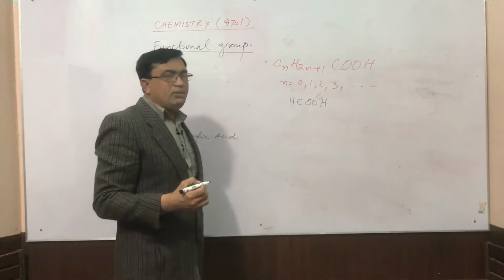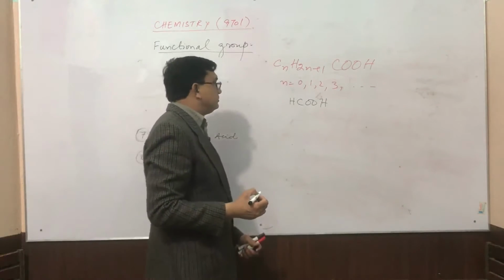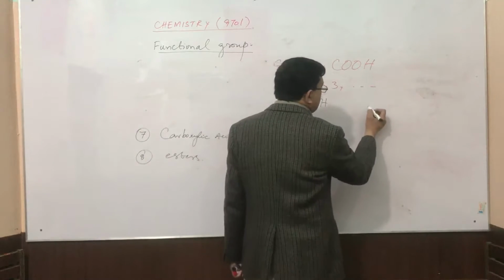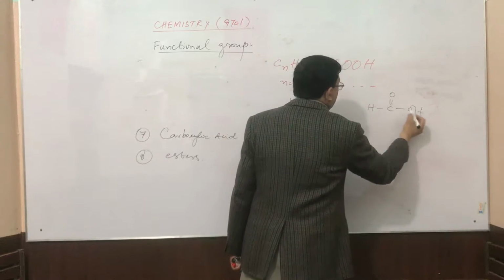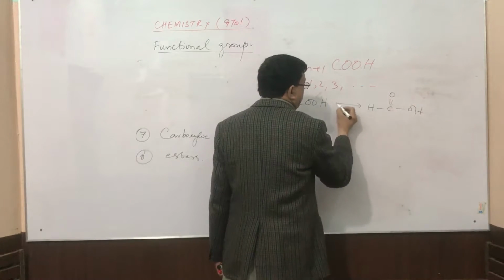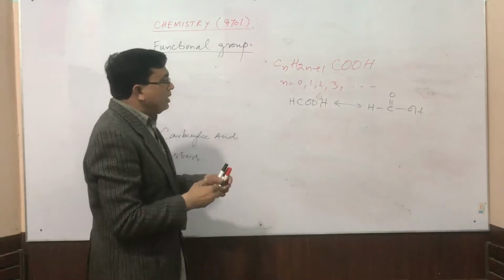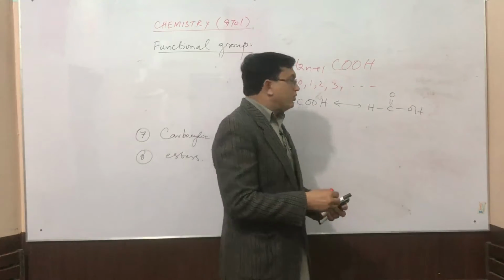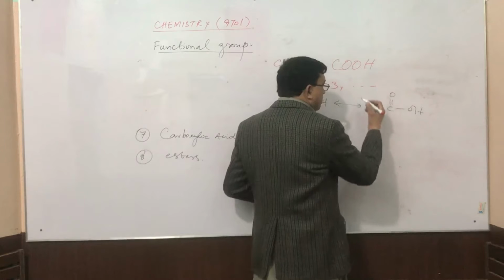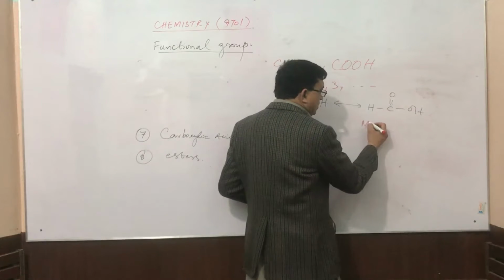Now, what is the method to name these carboxylic acids? These are also represented just like this. Both of these are the same. Now, depending upon the number of carbon atoms, as only one carbon atom is present in this, first of all, depending upon the alkane, we will write down the name as methane.